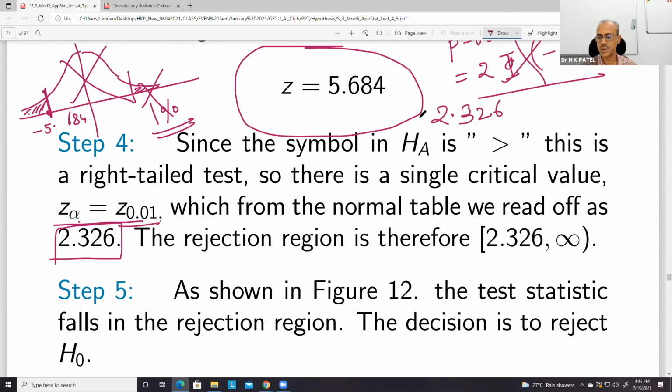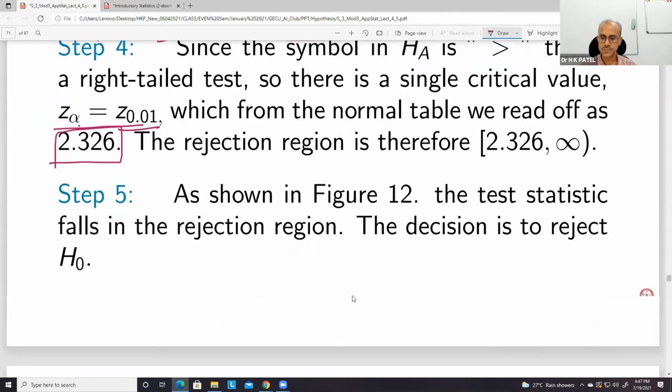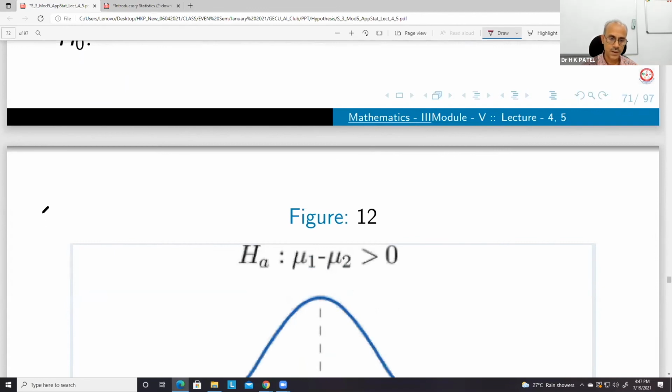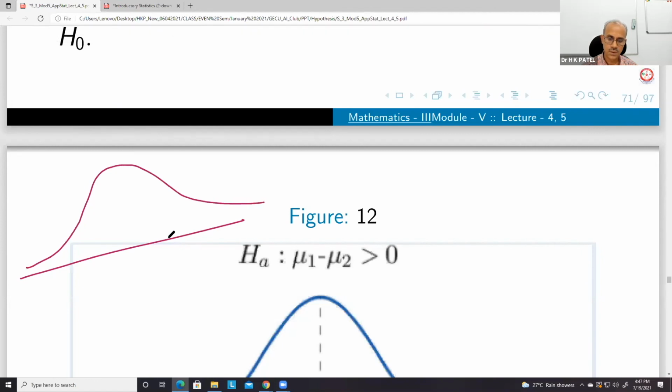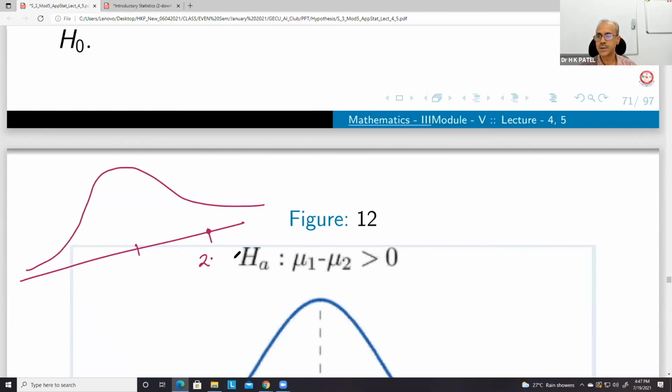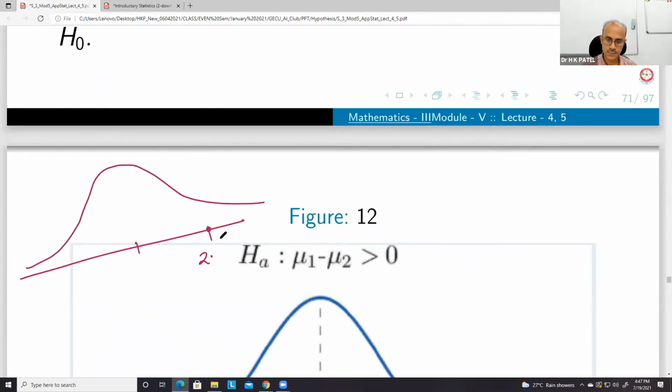So critical value is 2.326. If we compare these two, the Z value is greater than the critical value. Say maybe somewhere we have a Z value of 5.6.